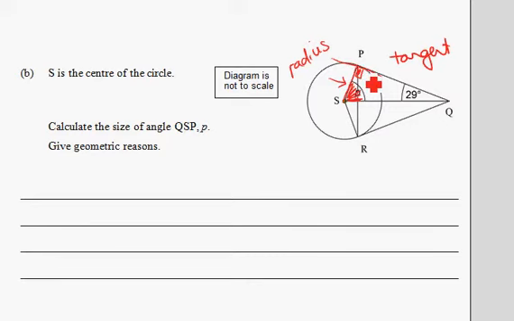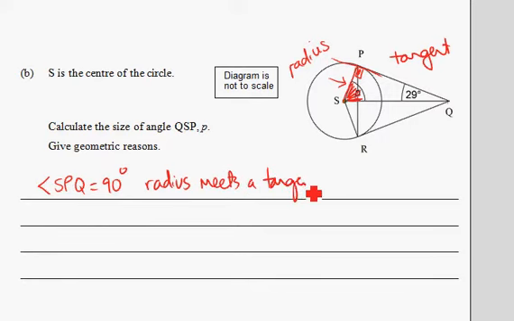You could draw it in. We'll need to explain that. We'll need to explain that angle SPQ equals 90 degrees, and the reason is radius meets a tangent at 90 degrees. Right, and now I can just use angles in a triangle.